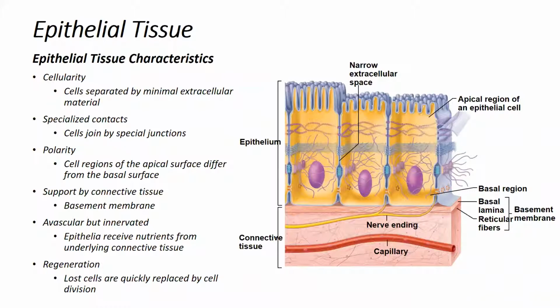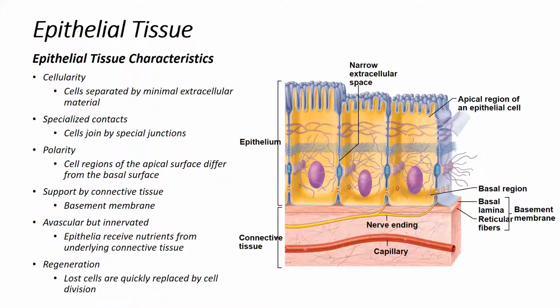Then polarity. Polarity is the idea that cells are not the same on all sides. So the apical surface of the cell, which is the surface that projects upward or inward. So let's take this tissue, for example. The apical surface would be facing the lumen. So let's say we took the gastrointestinal tract. Let's say we cut it in two so that we got a cross-sectional surface.